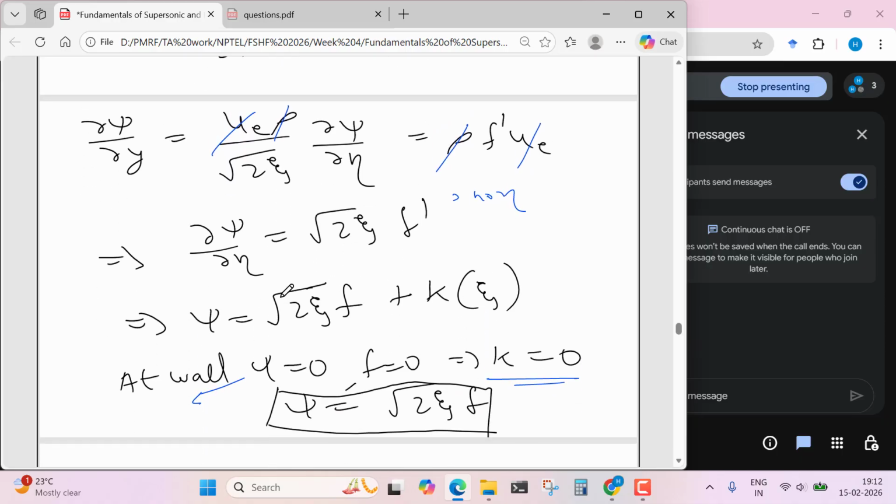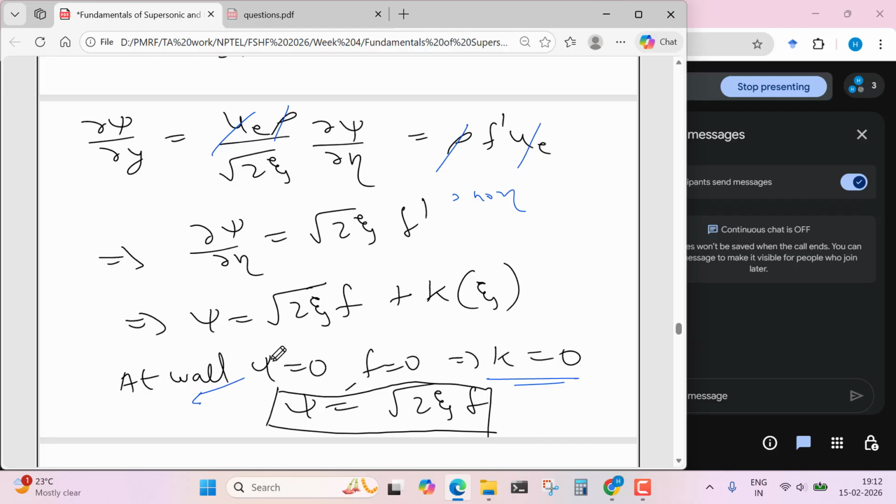Now if we take the integration of this, so this √(2ξ) is constant with respect to η, and this f' is also a derivative with respect to η, so we can directly get ψ equal to √(2ξ) f plus k(ξ), because there might exist one constant which is a function of ξ only.